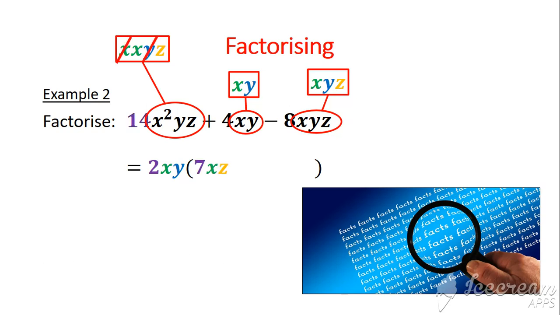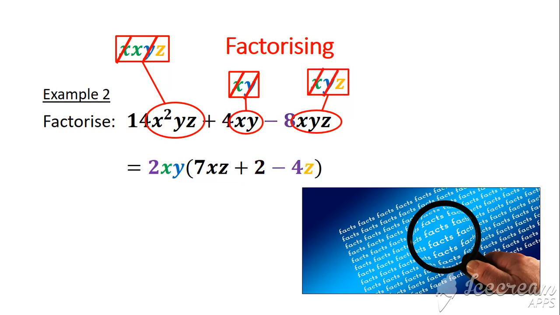Right, now we're going to write 7xz because 2 times 7 makes 14, and x times x makes x squared, and y and z. Now we're going to put a plus 2 because 2 times 2 is 4, and we've already got the x and y out the front.